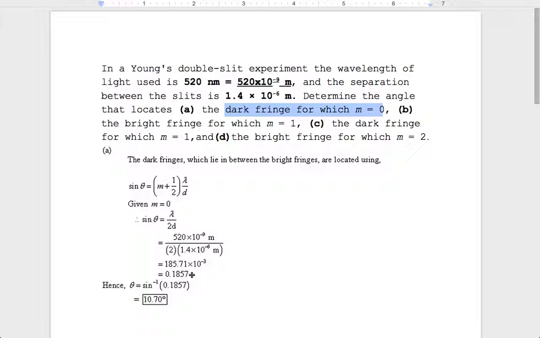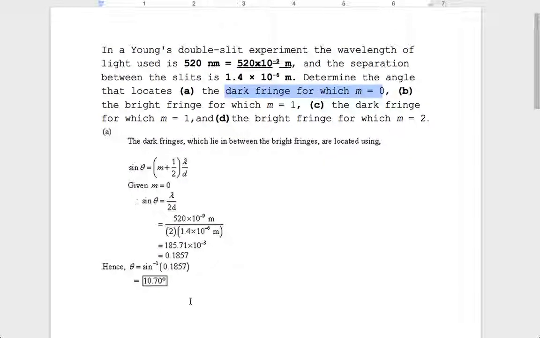Once you have this number, you're not done. You have to take the inverse sine of that number in order to find the angle. For this step, make sure your calculator is set to degrees instead of radians. Once you do the inverse sine of 0.1857, you should get 10.70 degrees. So that is the angle that locates the dark fringe of m equals 0.